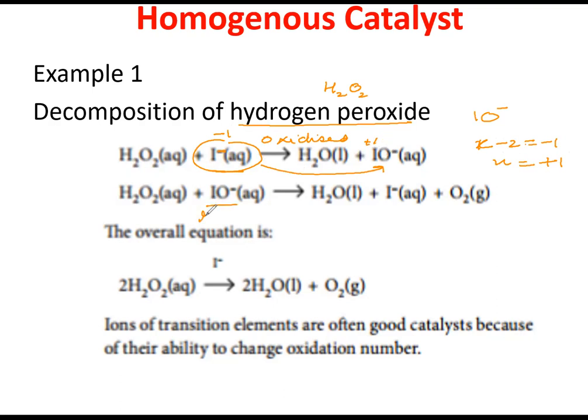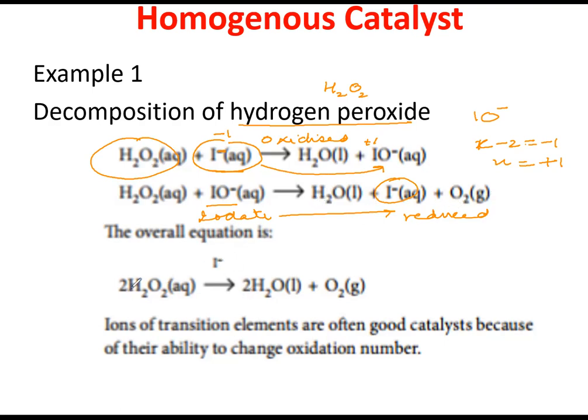Then these ions will again get reduced, back to iodide ions. And during the process, what is happening? This catalyst, which is the iodide ion, is helping in the decomposition of hydrogen peroxide into water and oxygen.